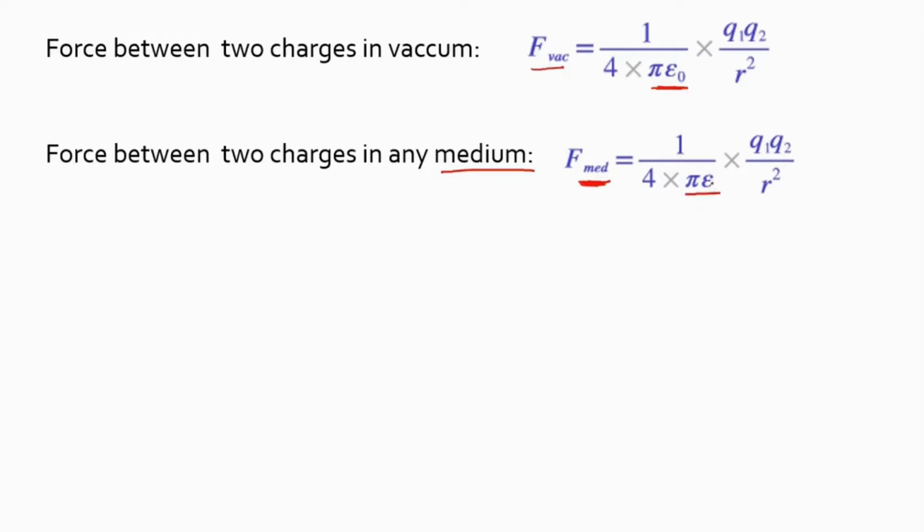Here the difference is that we are not writing epsilon naught, because epsilon naught is the permittivity of free space or vacuum, whereas epsilon is called the permittivity of the intervening medium. This epsilon is the deciding factor which will decide the magnitude of the force between the same two charges which were there in a vacuum.